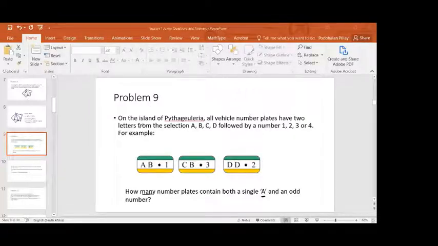All right, how does one go about trying to solve this problem? I'm going to go to a whiteboard and redraw this number plate here.